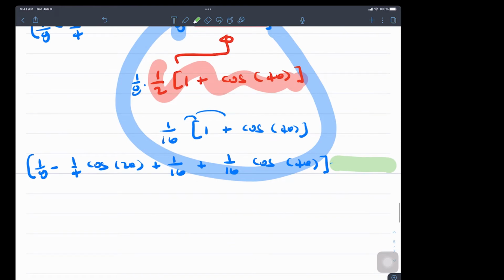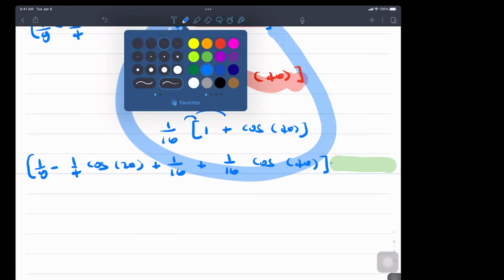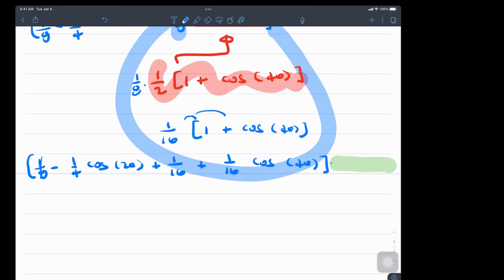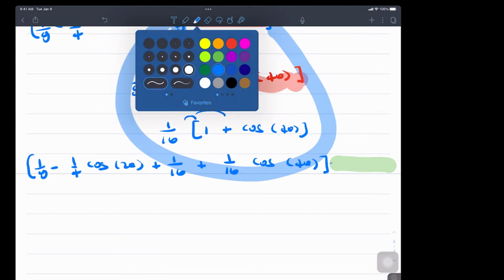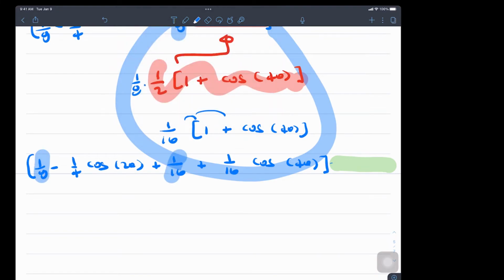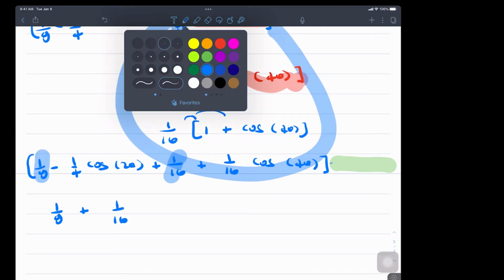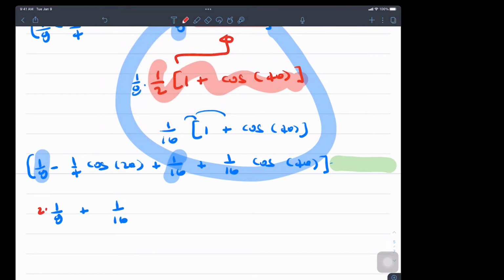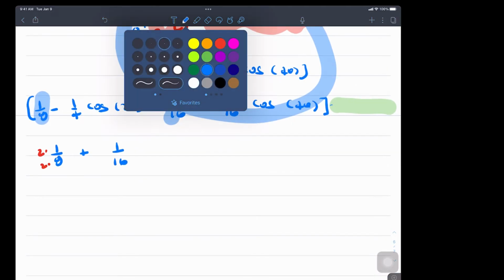That's the move. And then if I said to you, can you guys add these two fractions? Let's do this here. Add these fractions, 1/8 and 1/16. This is a different denominator, but it's similar. 2 times 2, is that right? Get the same denominator. You guys okay with that?